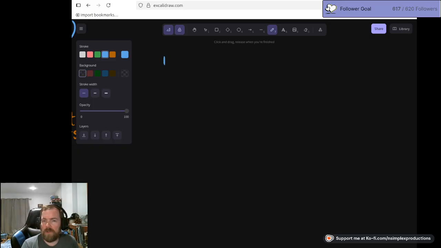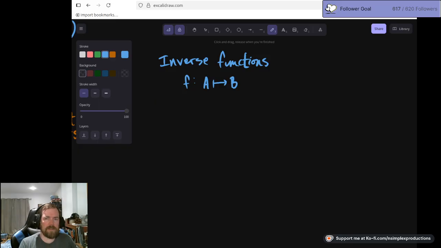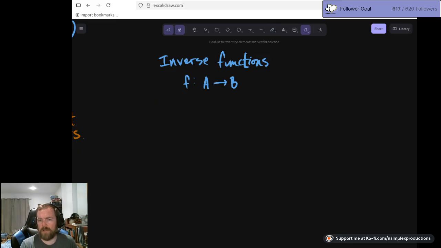All right, so for inverse functions, we said that f is going to be defined as taking a set A and mapping it onto B. That's not necessarily literally onto.